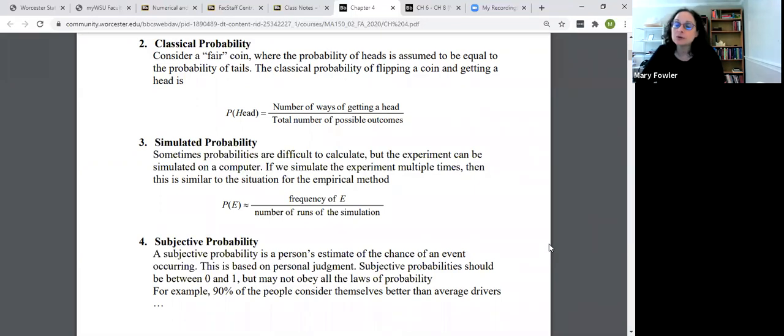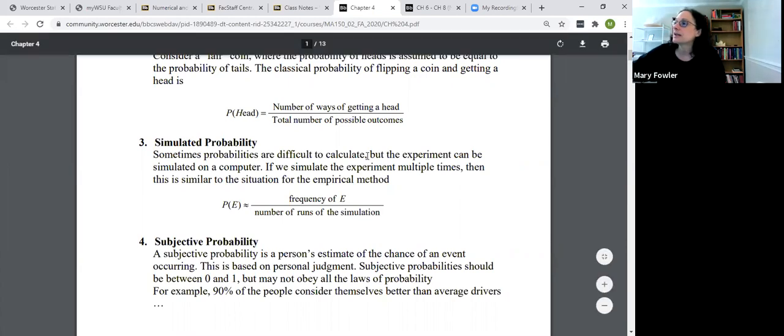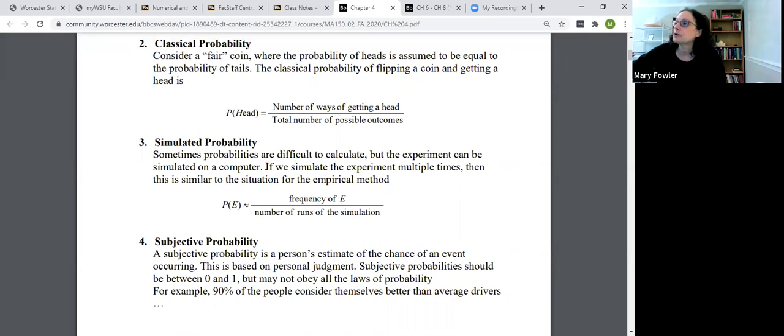So we could simulate it by setting up a number of different random situations in a software system and seeing how many times our desired outcome occurs. So sometimes the probabilities are difficult to calculate, and the experiment can be simulated on a computer. So if we simulate an experiment multiple times, this is similar to the empirical method, right?